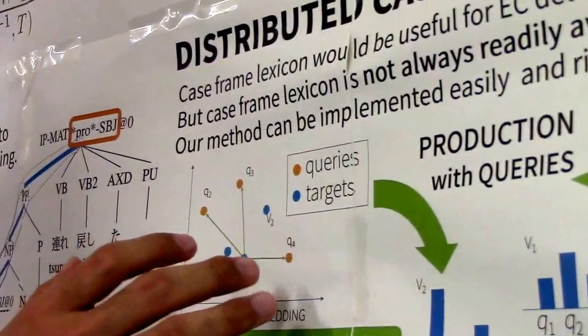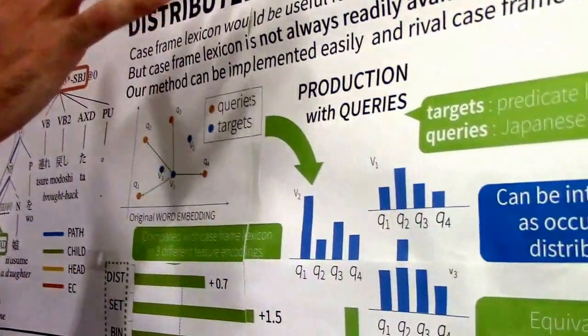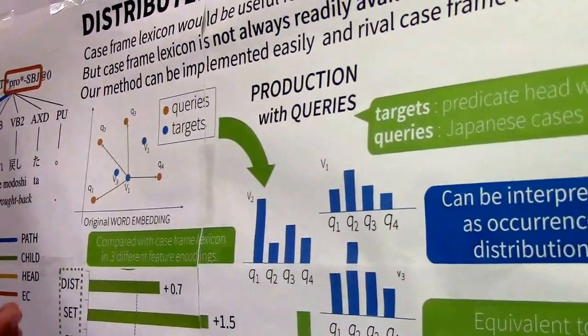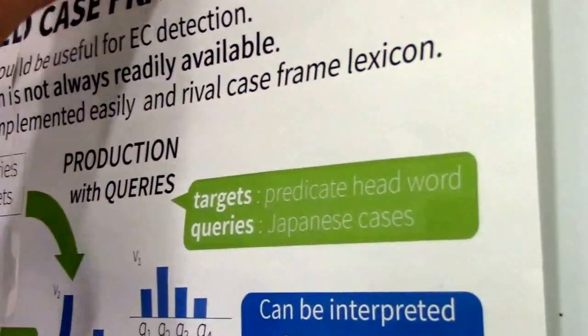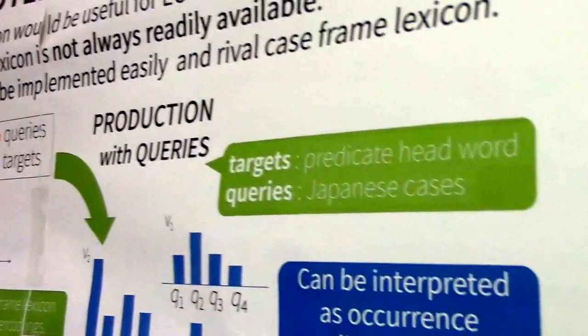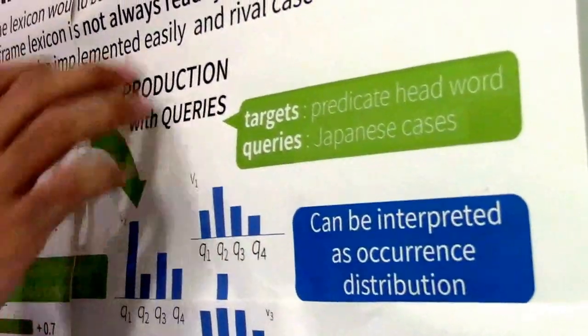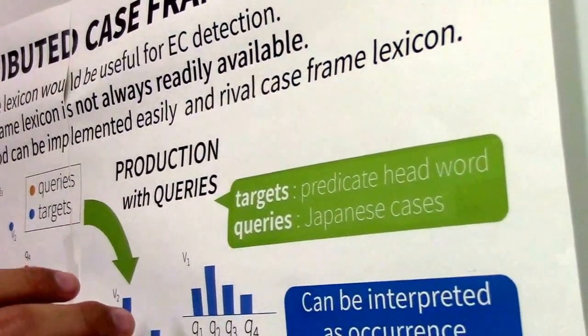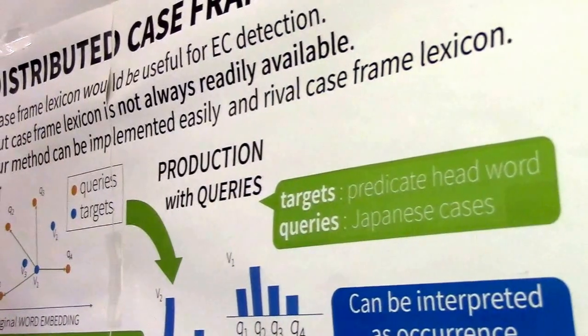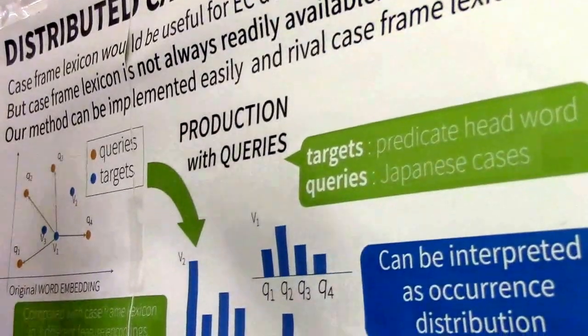In our research, the targets are predicate head words, and the queries are Japanese cases, because Japanese is a case marking language. The queries and Japanese cases represent a grammatical function.